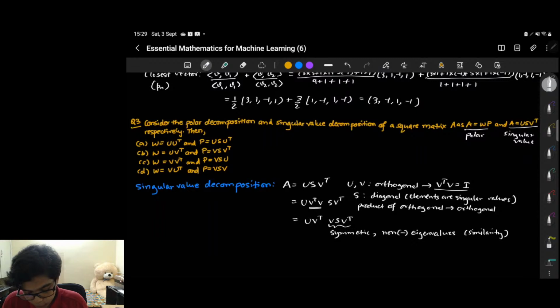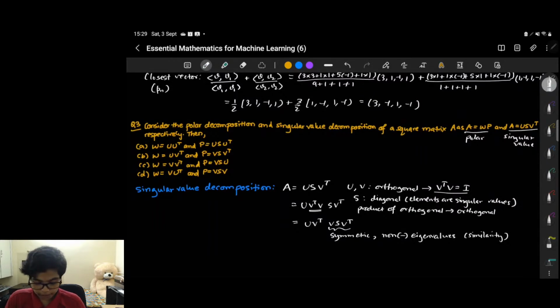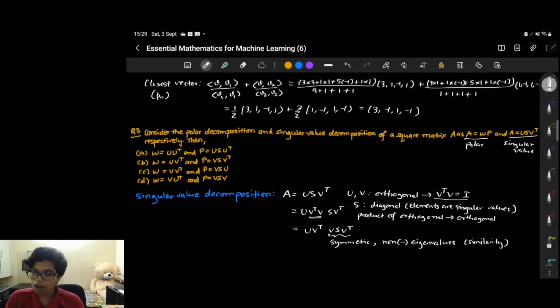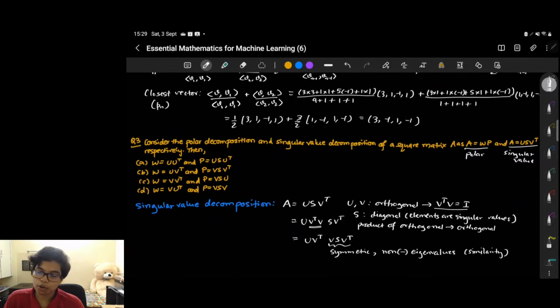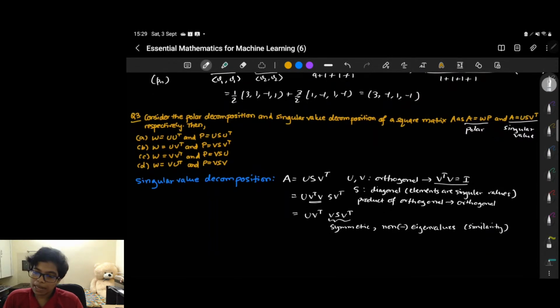So yeah, coming back to this, we know that S is a diagonal matrix with non-negative eigenvalues because singular values are non-negative. As a result, this V S V transpose, which is a similarity transformation, also has non-negative eigenvalues, because in a similarity transform your eigenvalues are preserved.